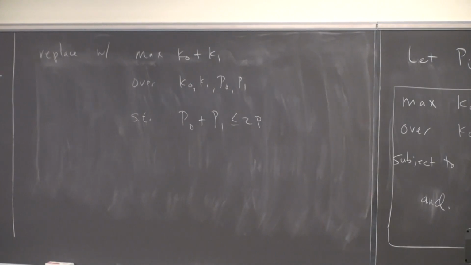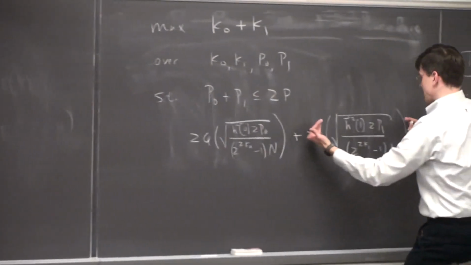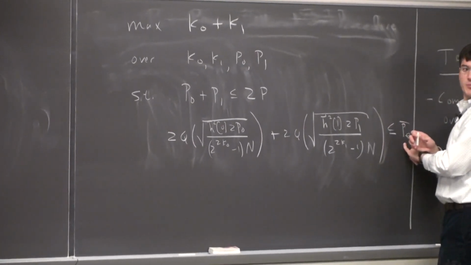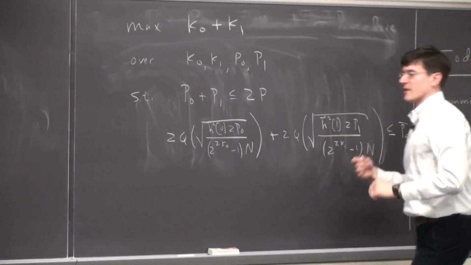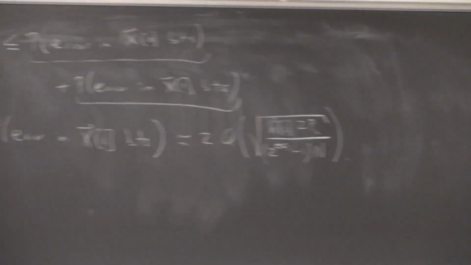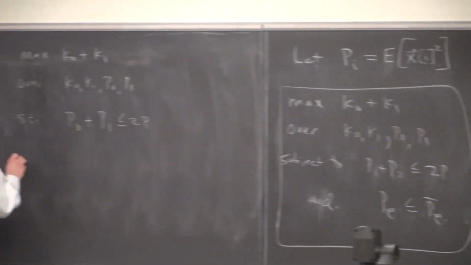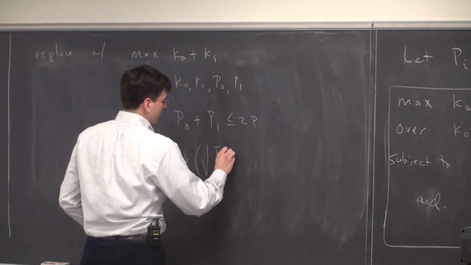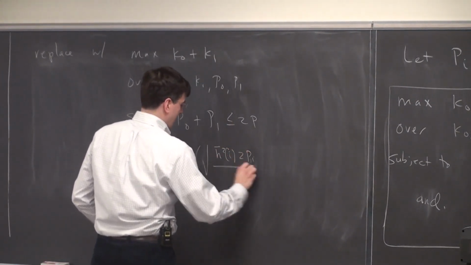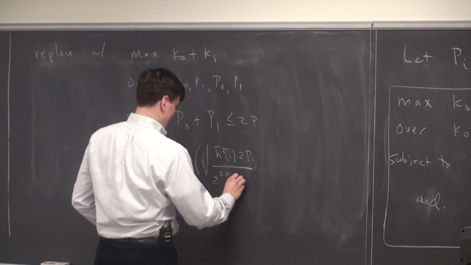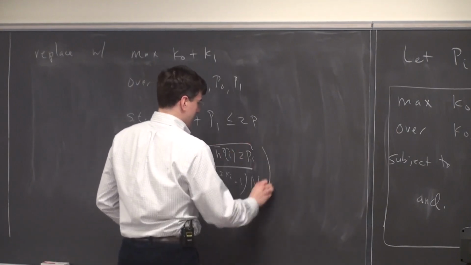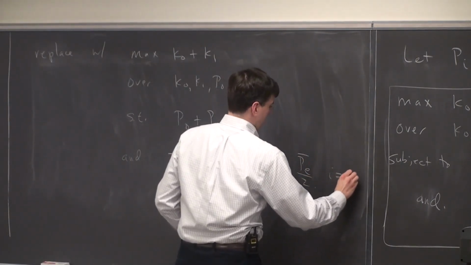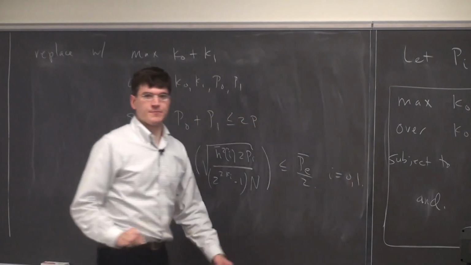If each term is less than or equal to P_E bar over 2, then the sum is upper bounded by P_E bar. I'm going to replace this constraint with that more stringent one. So my error probability constraint becomes 2Q of the square root of Hi squared 2Pi over 2 to the 2Ki minus 1, n, less than or equal to P_E bar over 2, and this will be true for i both 0 and 1.